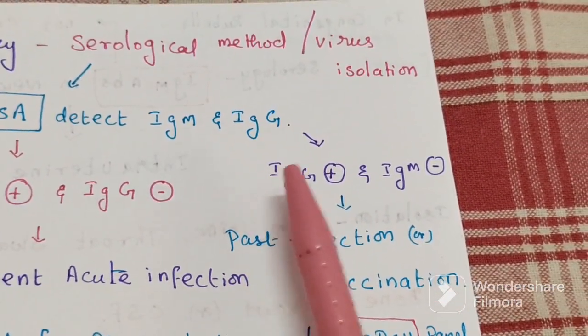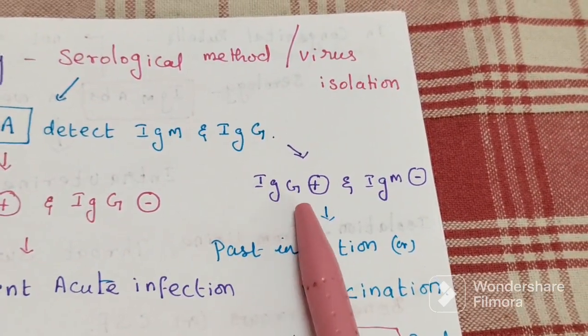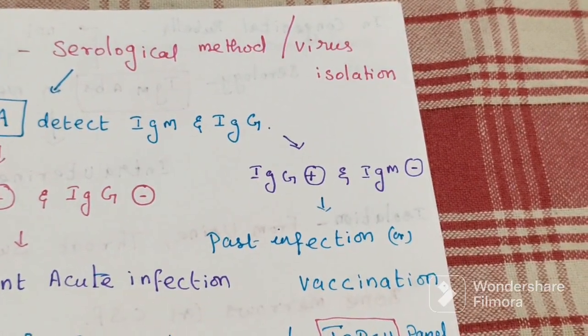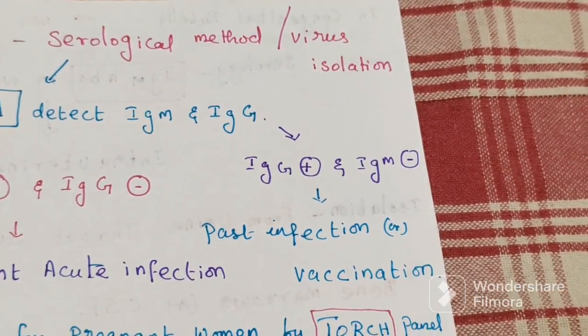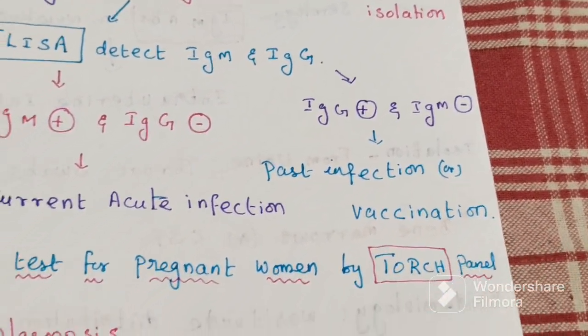Whereas if IgM is absent and IgG is present, it indicates past infection or vaccination status.